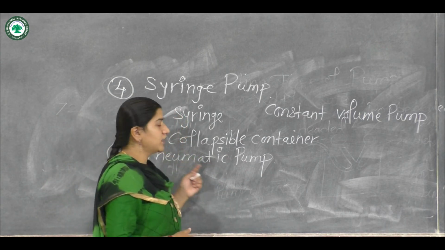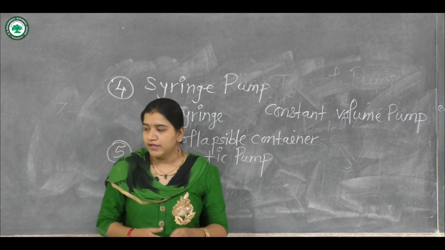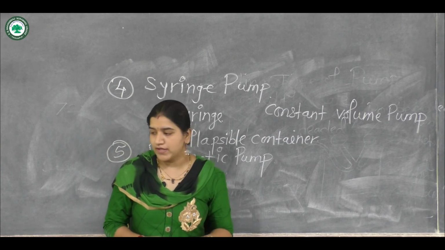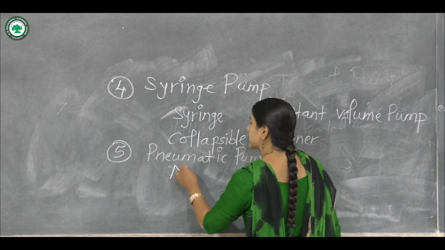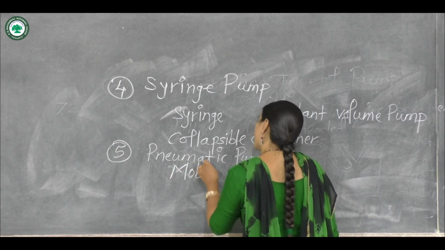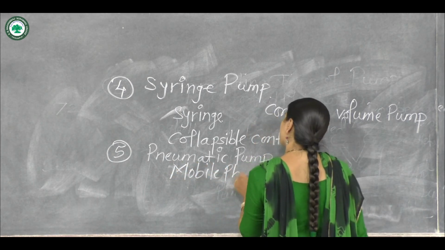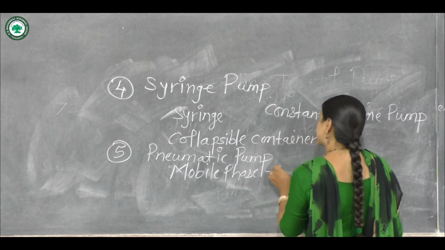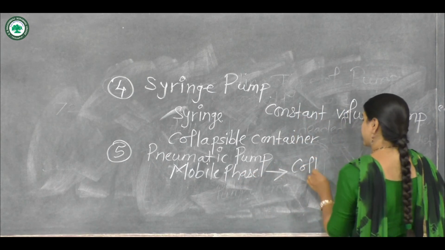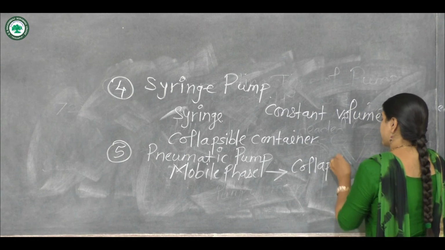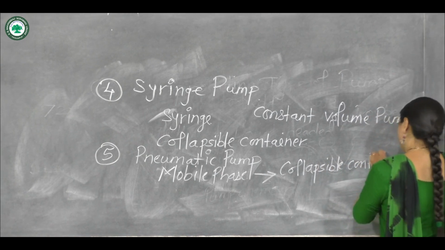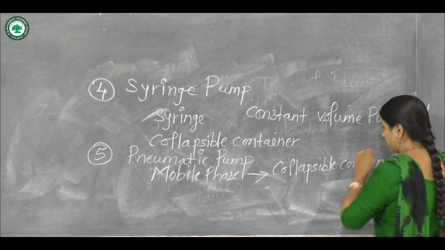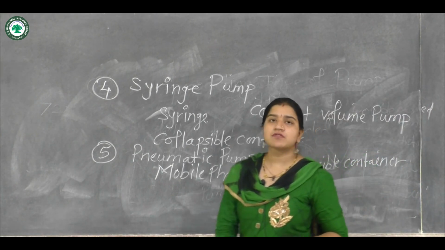In case of the pneumatic pump, it consists of a mobile phase which is contained in a collapsible container. So in case of pneumatic pump, the mobile phase is placed inside the collapsible container.